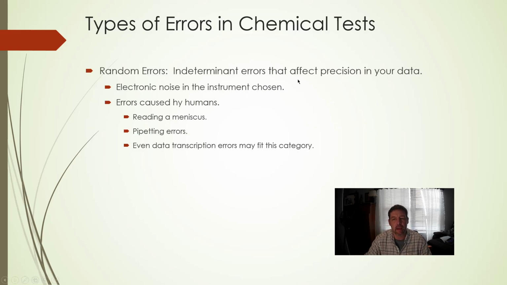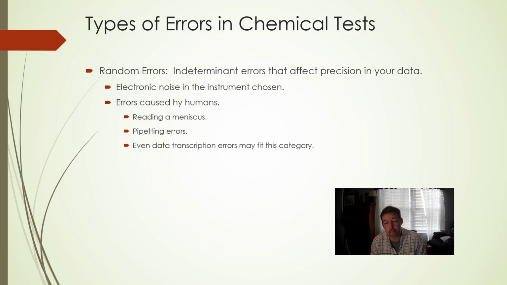Types of errors in chemical tests. Well, you have random errors, indeterminate errors that affect precision in your data. This could be electronic noise in the instrument you're using, errors caused by humans, reading of a meniscus. A lot of people still struggle with reading that meniscus perfectly, and it could matter depending on the titration that you're doing.